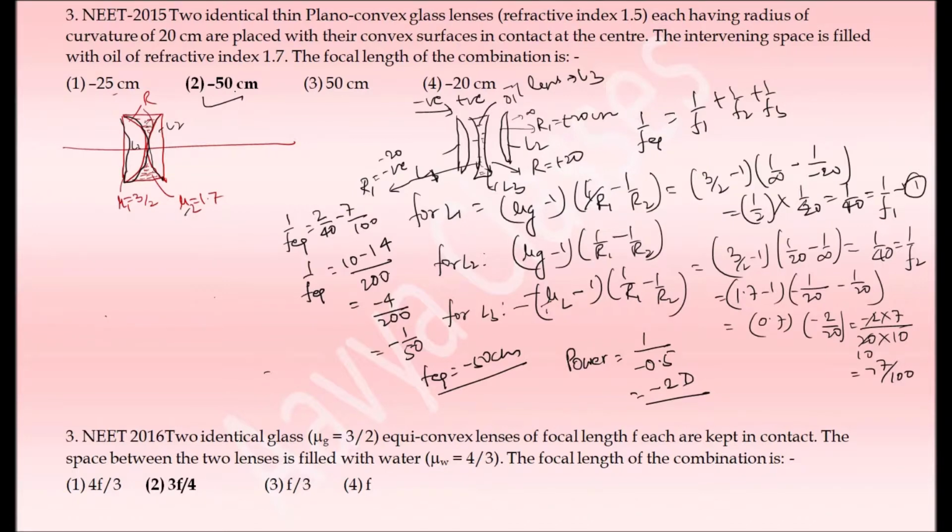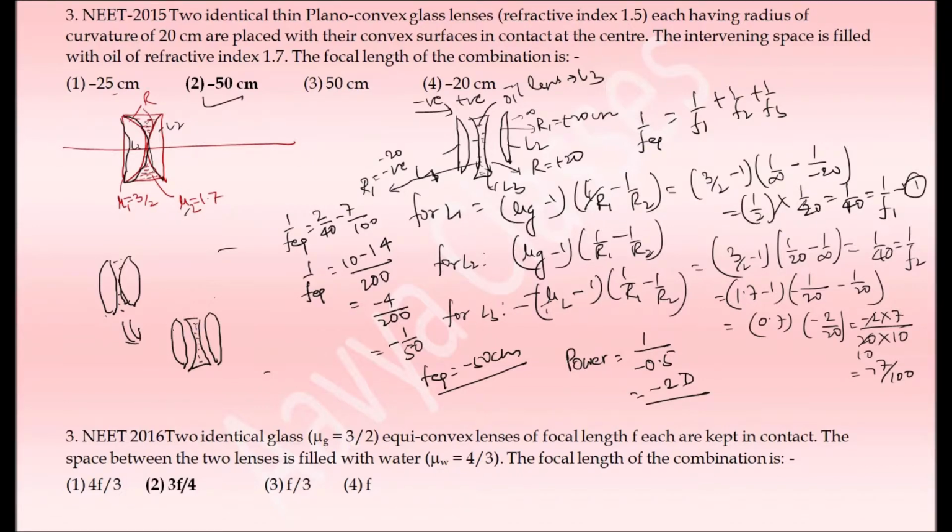Now the next problem is from NEET 2016, and it is very similar to the problem we have already discussed. It is two equiconvex lenses, and in the intervening space we place water. So basically we have a system of two convex lenses and a water concave lens between these two.